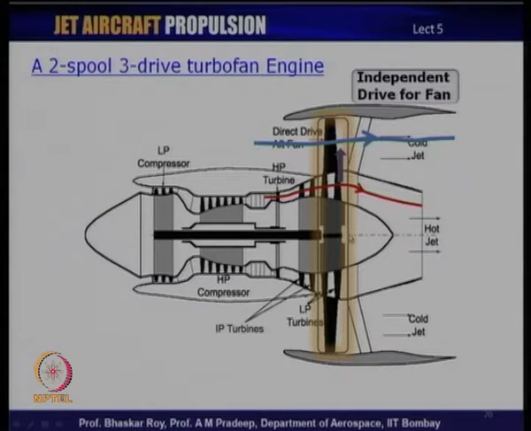So, that is the third shaft here, which does not convey power, but it simply runs the combination of turbine and fan together on that shaft. So, it is basically a 3 drive, one may call it 3 spool if one wants to, and it is a kind of aft fan, which means the fan is somewhat towards the rear of the engine.